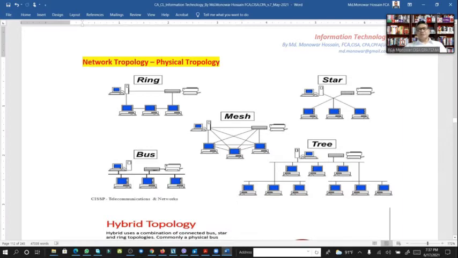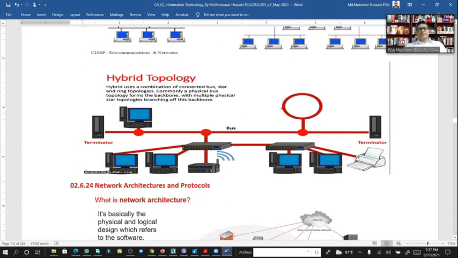And ring topology, mesh topology, bus topology, here tree topology. And sometimes hybrid topology. Hybrid is a combination of more than one, sometimes here bus topology, tree topology, etc. Combining within one topology is called the hybrid topology.